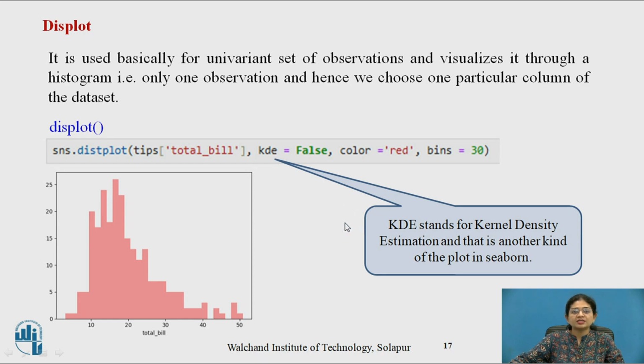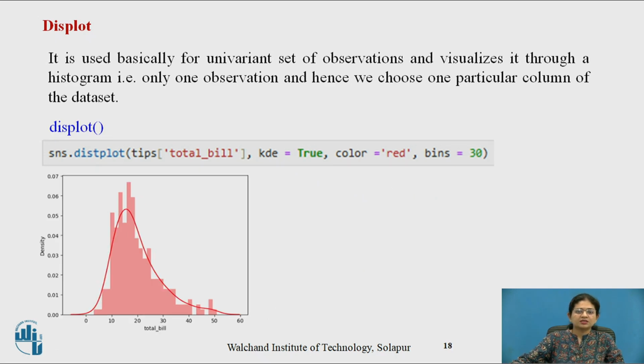KDE stands for kernel density estimation, and that is another kind of plot in Seaborn. Now here the color is red and bins equal to 30. Bins means the number of bars on the x-axis. But if I put kde equal to True, it will give me this visualization. So this line shows the KDE. Okay, so this is the distplot.